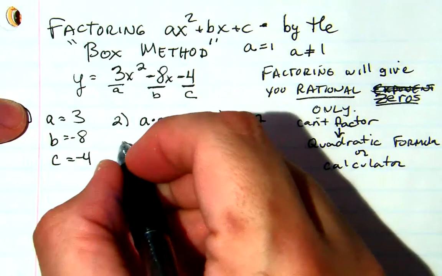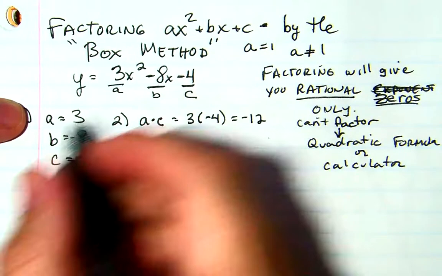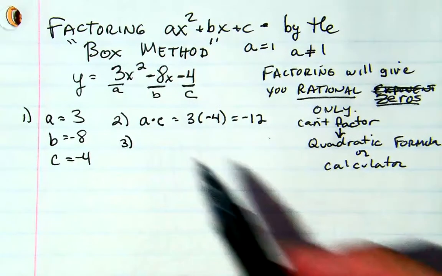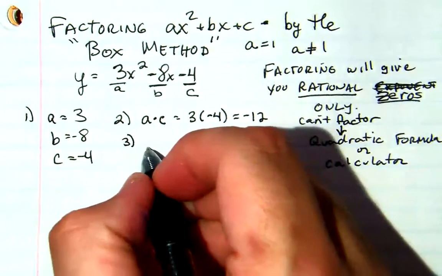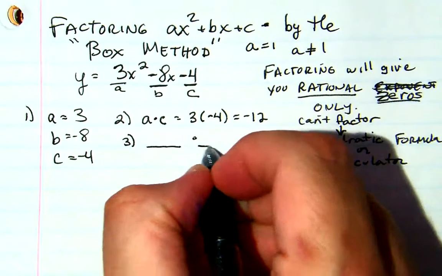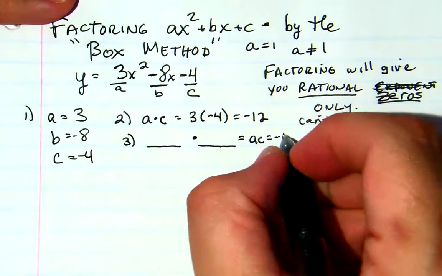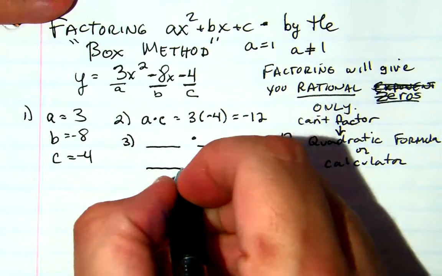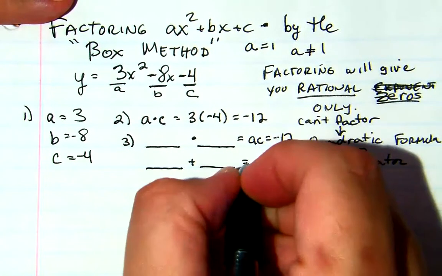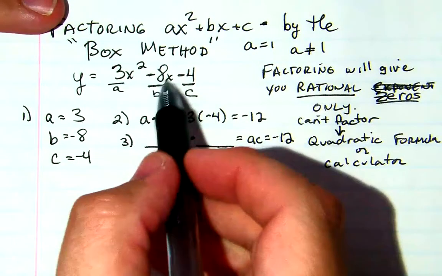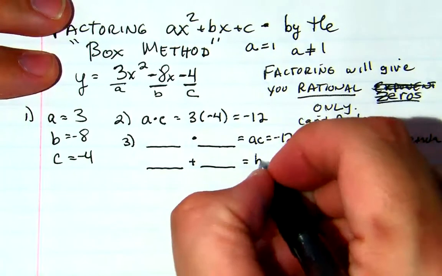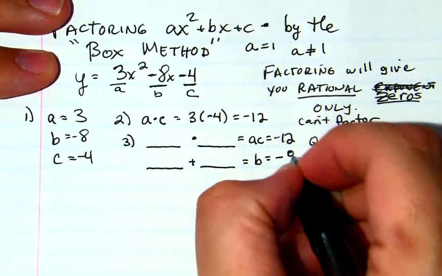Now, the third step. First off, those two steps are pretty straightforward. We're going to find two numbers that multiply to get us to the AC, which is -12. But when we add them, since we're dealing with the middle term, they have to be equal to b, which in this case is a -8.